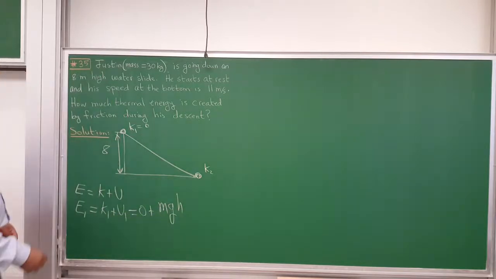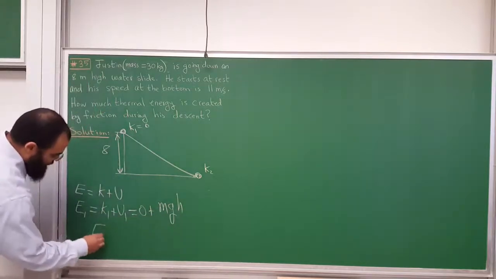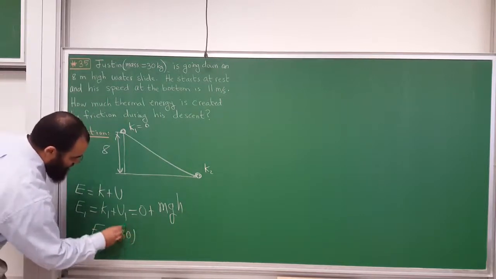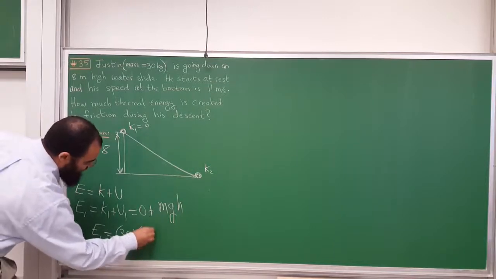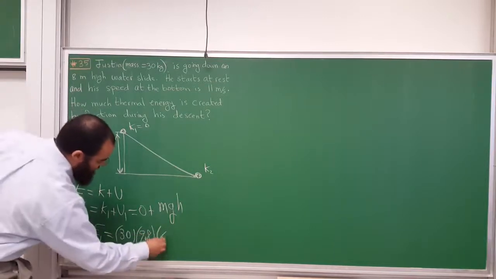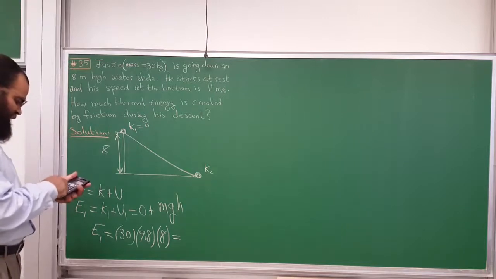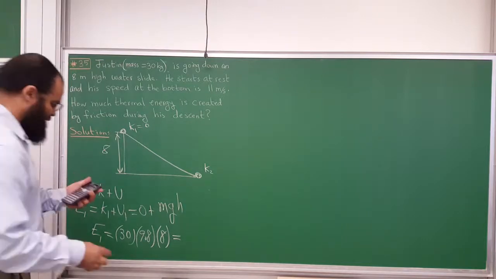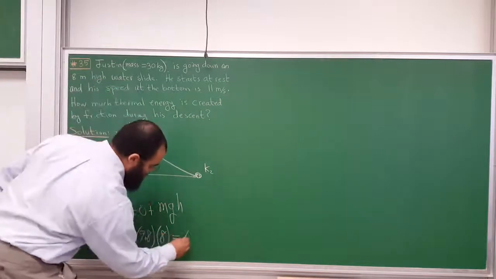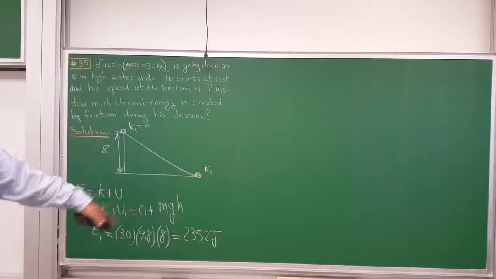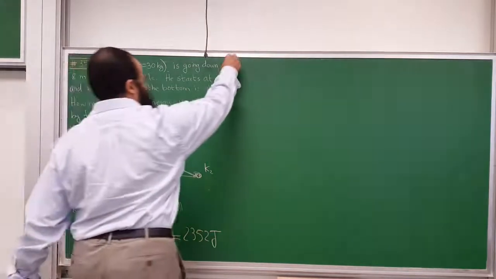So let's calculate it. Justin's mass is 30, gravity is 9.8, and the height is 8. Using our calculator, 30 times 9.8 times 8 is 2352 joules. That's how much his total mechanical energy at the beginning was.